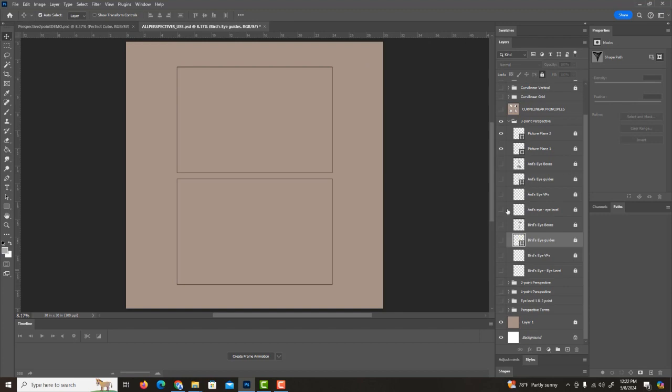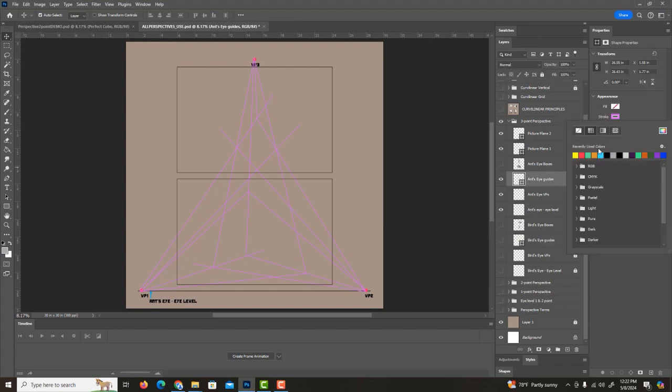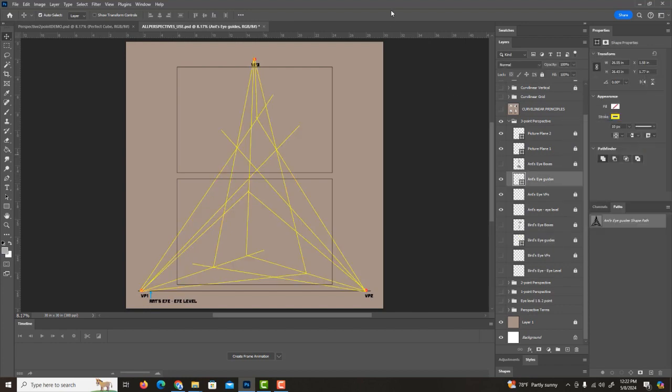With an ant's eye view, you're going to have your horizon line at the bottom, and you still have the same picture planes. And it's the same idea. You're now drawing your horizontals from the side vanishing points, and your verticals are all converging to your third vanishing point.